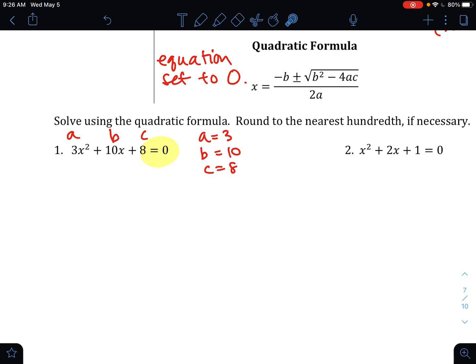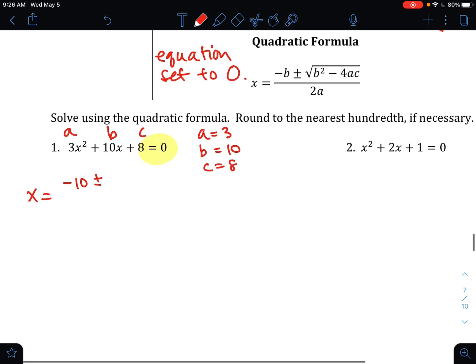Okay, let's plug in. So x equals negative, now write your b value. It changes the sign on the b value, so if it was negative, it would change to positive. Plus or minus, write a big square root symbol. Then b squared. I always recommend you use parentheses.